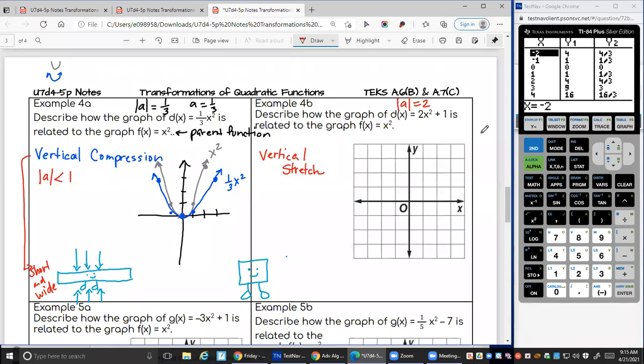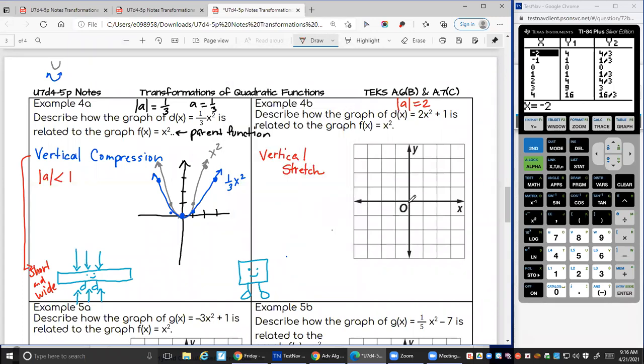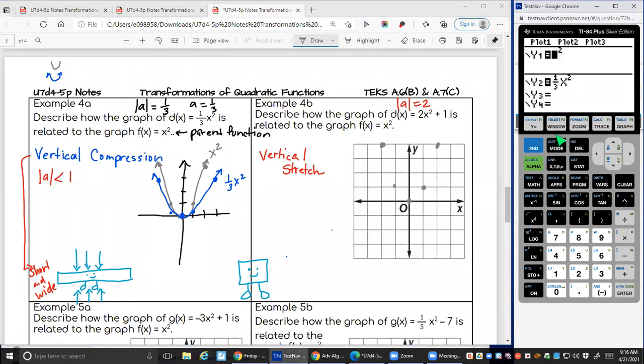I'm going to go to my calculator to help with this. We're going to draw our basic parent quadratic. So that doesn't change. We have 1, 1, and we have 2 and 4, something like that, right? That's our parent quadratic. And I'm going to type in the new one, clear. And I have 2x squared plus 1. And I'm going to look at my table. At -2, I've got 9. That's a little bit high.